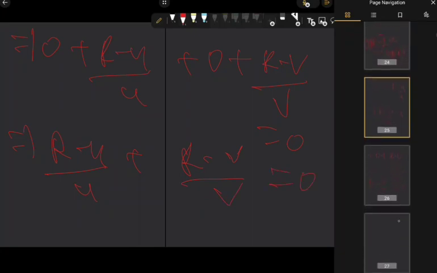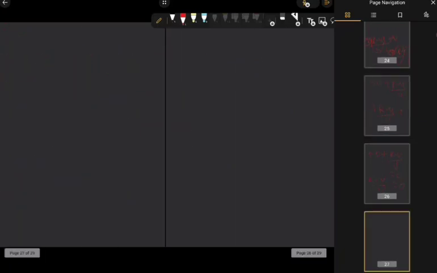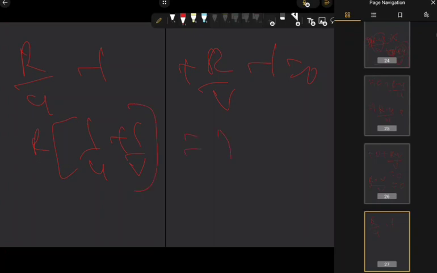Then you get r by u minus 1 plus r by v minus 1 is equal to 0. Then you get r common from here, so 1 upon u plus 1 upon v is equal to 2 basically.